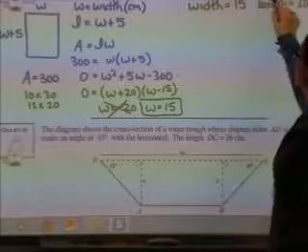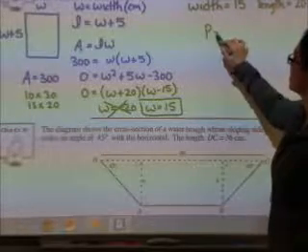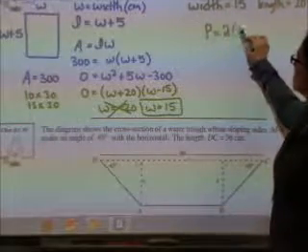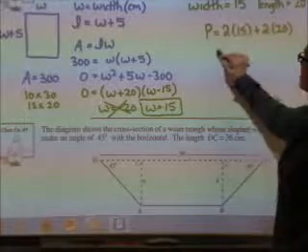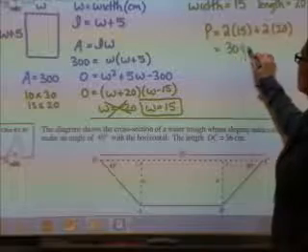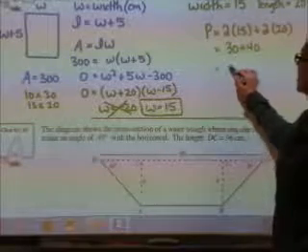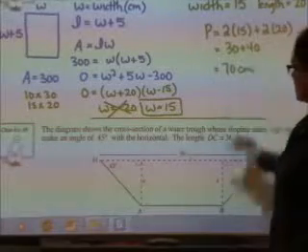I have not solved the question at this point because I have to determine the perimeter. Perimeter is 2 of the width and 2 of the length. 30 and 40 gives me 70.